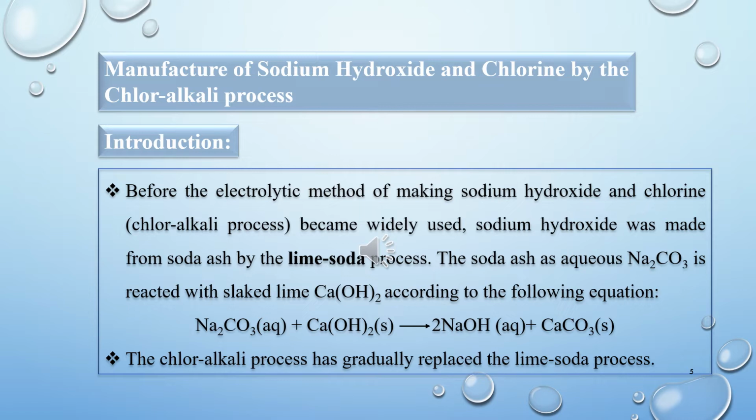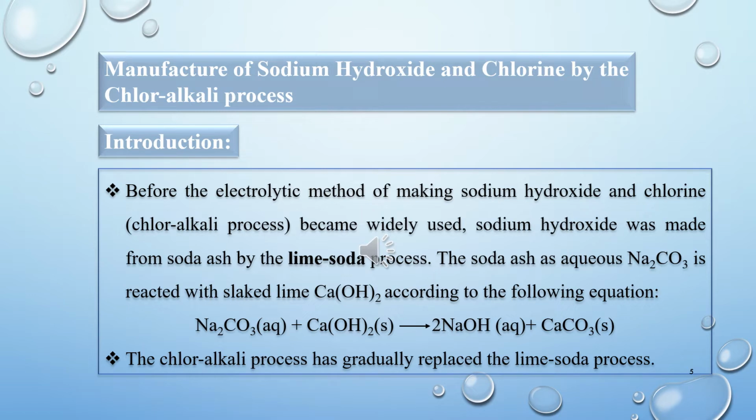So dear students, in this we have discussed 2 points. First one is that before the chloralkali process we used the lime soda process, in which we react soda ash with calcium hydroxide or slaked lime, in which sodium carbonate reacts with calcium hydroxide and forms sodium hydroxide along with calcium carbonate.